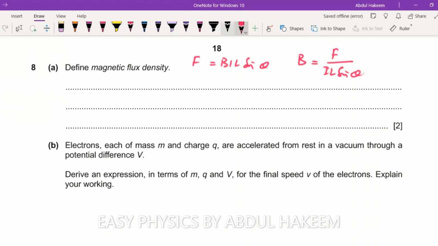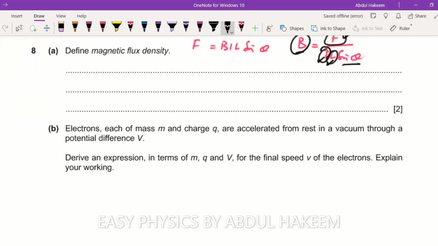So magnetic flux density is the magnetic force experienced per unit length of conductor, per unit ampere, or carrying per unit ampere current and placed perpendicularly inside the magnetic field. I repeat, magnetic flux density is the magnetic force experienced per unit length of conductor, per unit current, and placed perpendicularly inside the magnetic field.